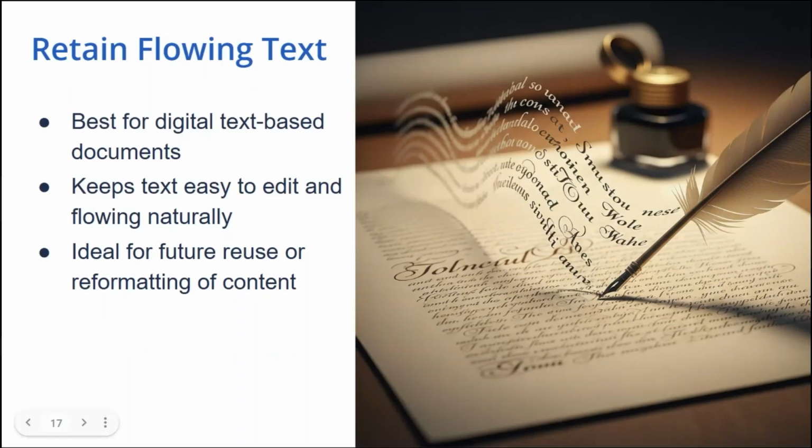So I suggest you use this when you have documents that are PDFs that are text-based, like Word, Google Docs, or even if you have a PDF that comes from an InDesign software, because the translation output will flow naturally. So you will not have many issues, or you will not have issues at all.